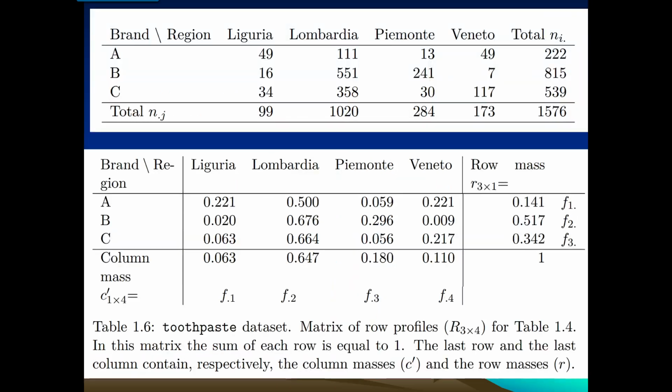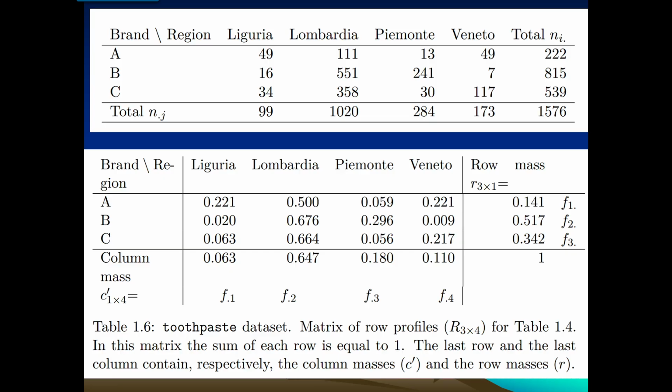For example, this is the matrix of row profiles, but the sum of these four elements is what? You have divided by the total of the corresponding row, so the sum of these four elements is 1. Goes without saying.